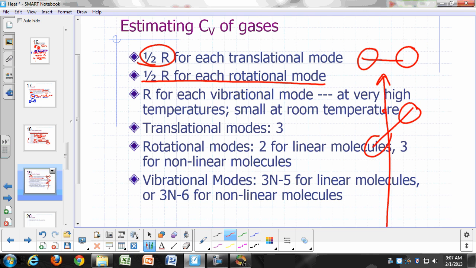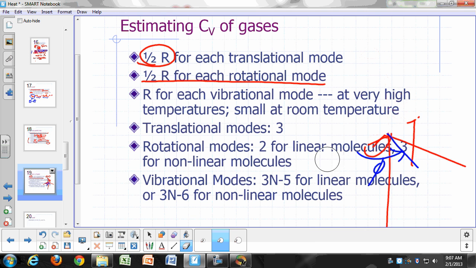Theta is the angle with respect to the z-axis, and if you do a projection on the xy plane, phi is that angle. Theta and phi describe the rotational motion of your linear molecule. So there are 2 rotational modes for linear molecules, and again, it's 1/2 R contribution for each rotational mode.